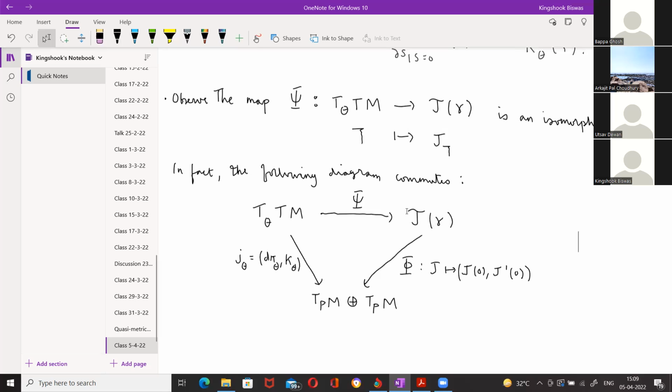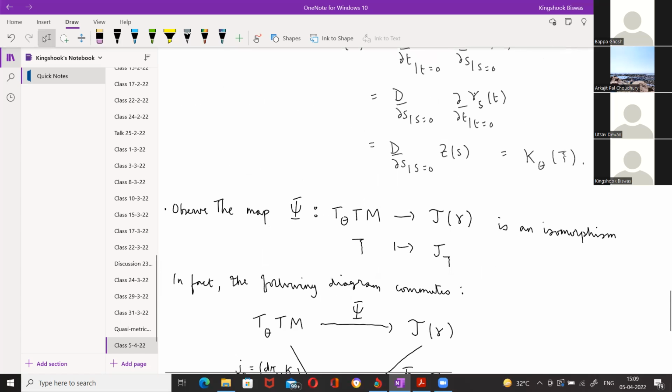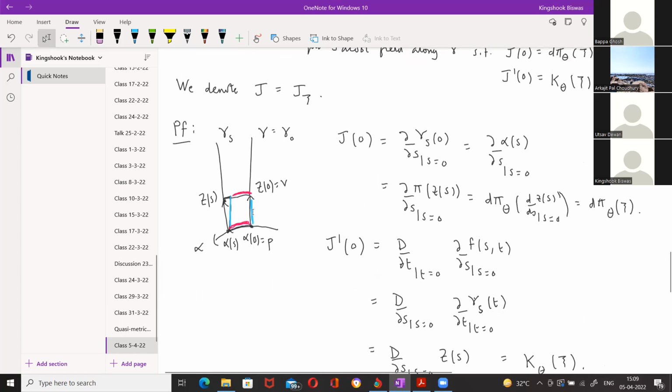Yes, sir. Okay, and this is the picture, right? The picture is this picture here, that, you know, your tangent space to the tangent bundle T_theta TM, that means infinitesimal changes in this vector v, right?